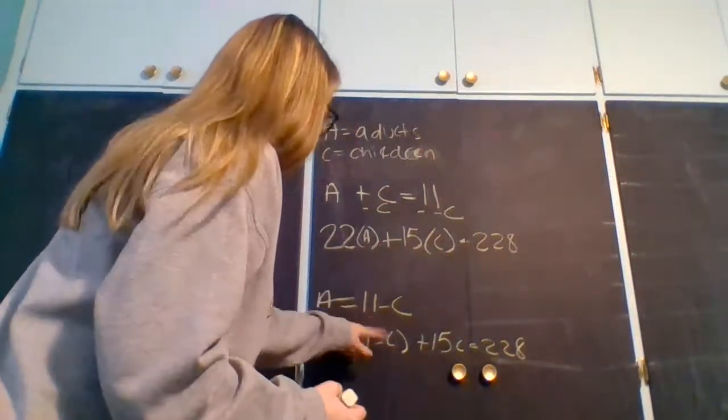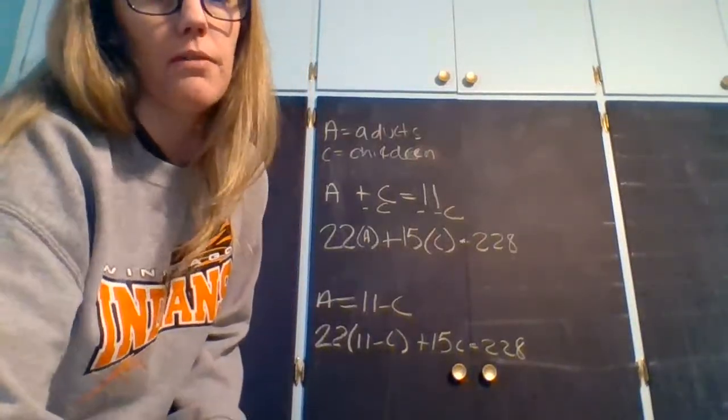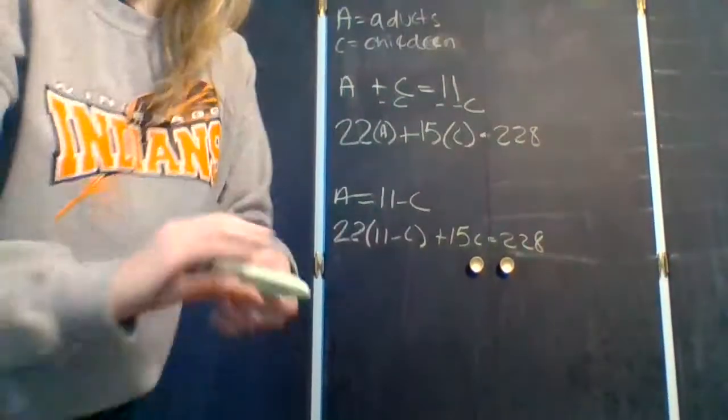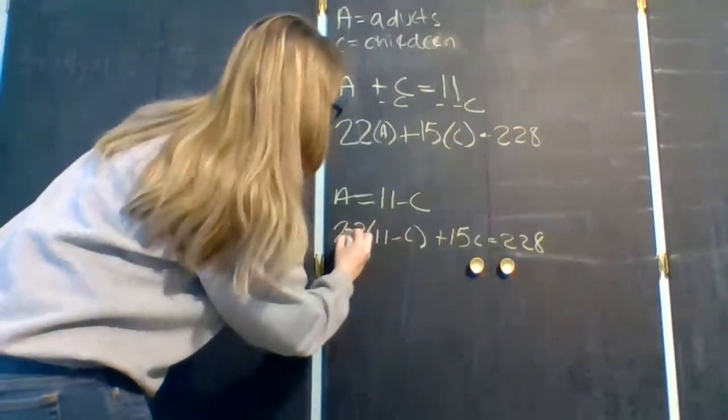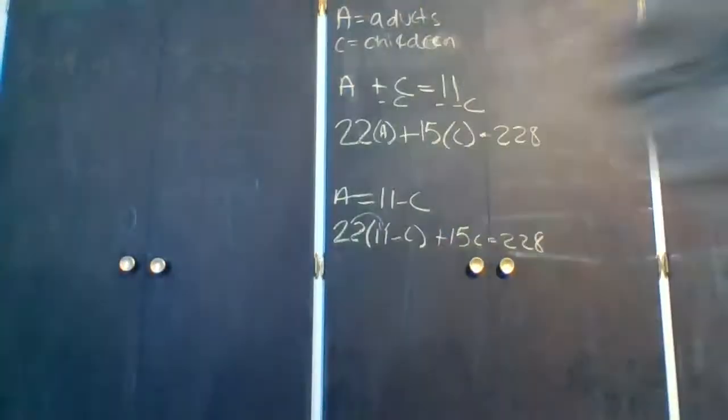So now I can do some simple distribution here. Make sure you can still see everything here. So I'm going to do some simple substitution. 22 times 11 is going to give me, let me grab my calculator.